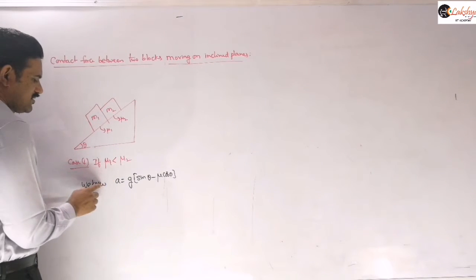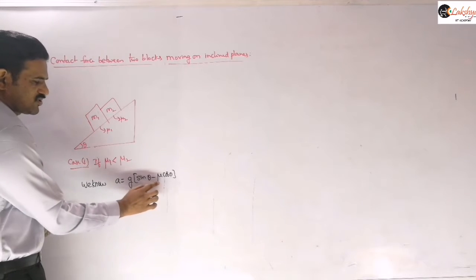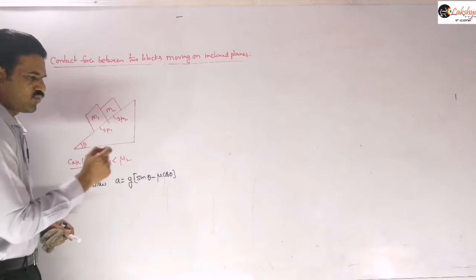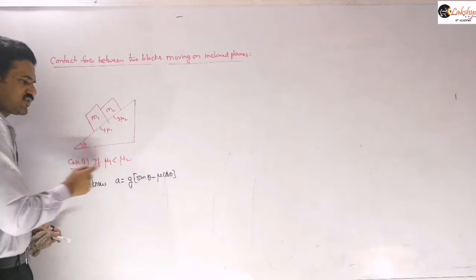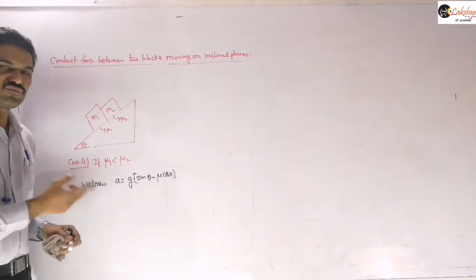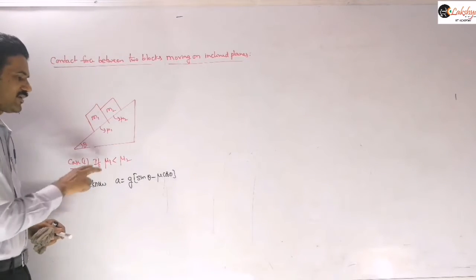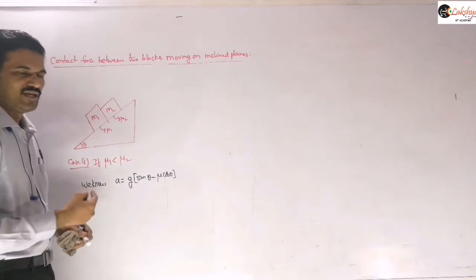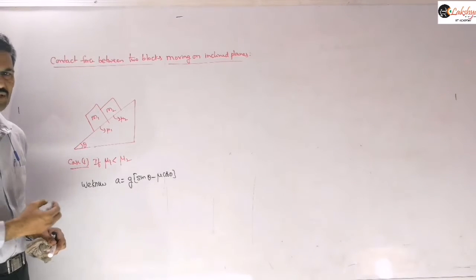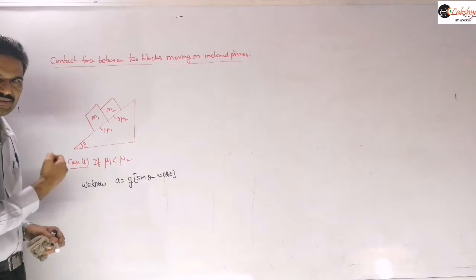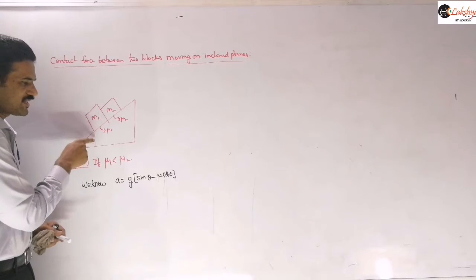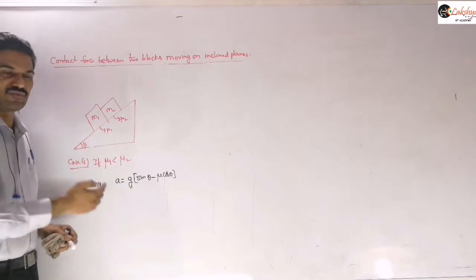So this is the acceleration expression, and our mu term is here. If you are taking this case, the acceleration of which block will be more, either M1 or M2, under the consideration that mu1 is less than mu2? The coefficient of friction is less for M1, so its acceleration will be more, right?